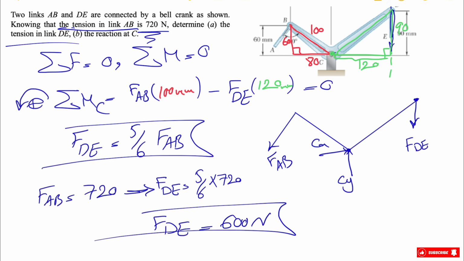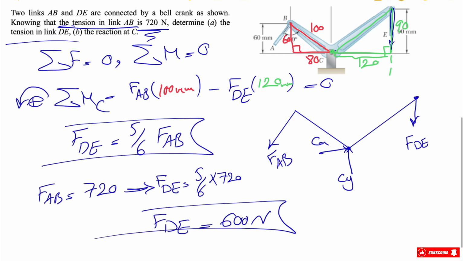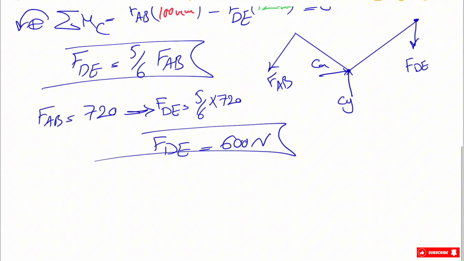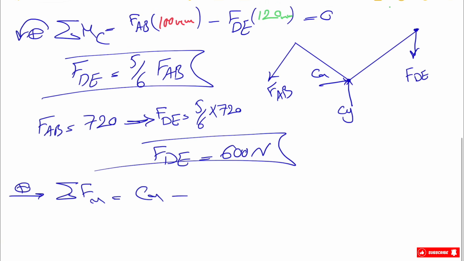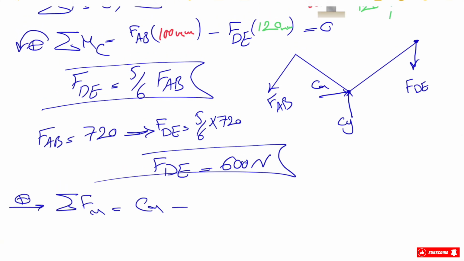Next we can move on to our Fx and Fy. Let's do the sum of all forces in the X direction. This will be our positive. We have Cx, and FDE is in the Y direction, so there is no X component for FDE, but we have the X component of FAB.